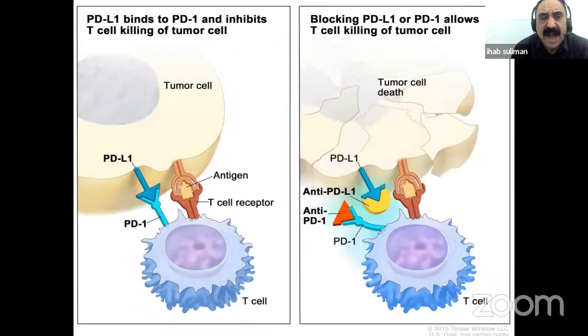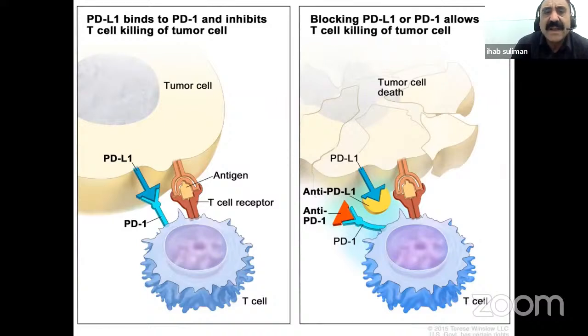In the next example, another type of immune check inhibitor is attached to a protein called PD-L1, and when this protein is inhibited, the T cells become activated and ready to kill the cancer cells.